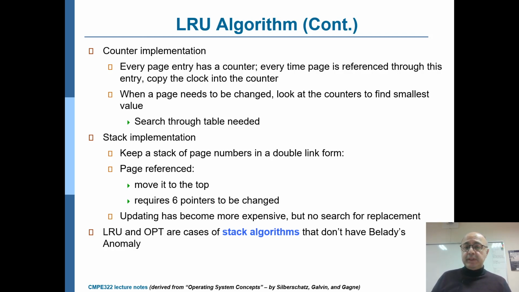An alternative implementation is you keep a stack. The most recently accessed page would be at the top of the stack, and the least recently used would be at the bottom of the stack, because every time you access a page, you remove it from where it was and put it back on the top.